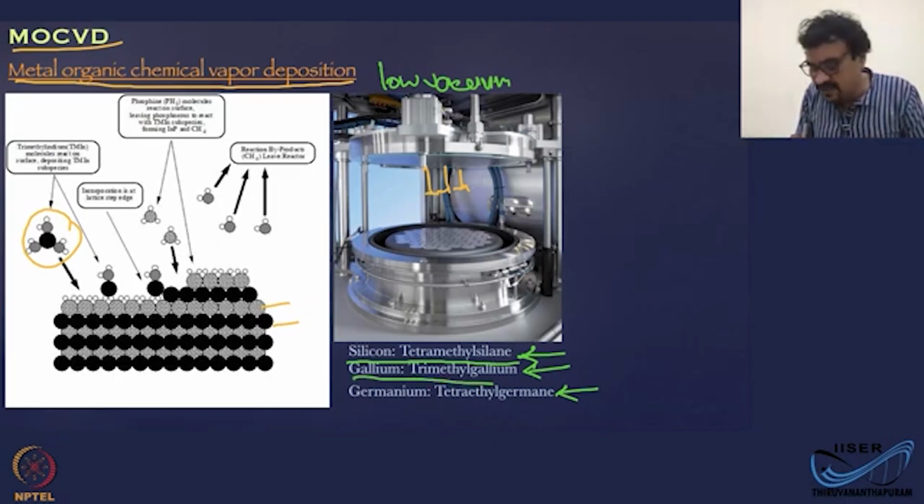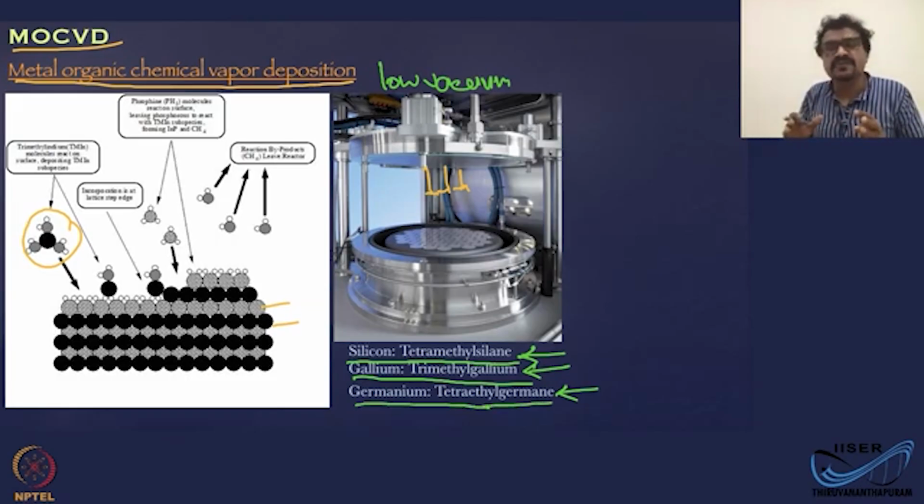Gallium is grown by trimethyl gallium. Germanium is grown by tetraethyl germane. This is just a few examples. You will find the corresponding metal organic compounds for all the commonly used materials to grow this, and this is a very, very popular technology.